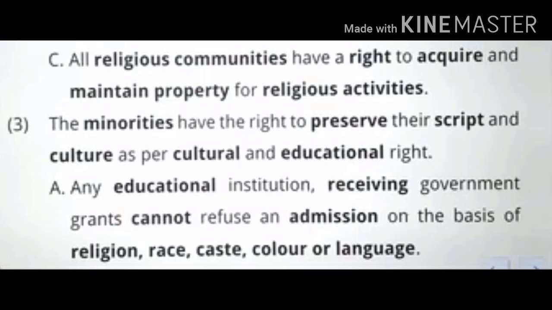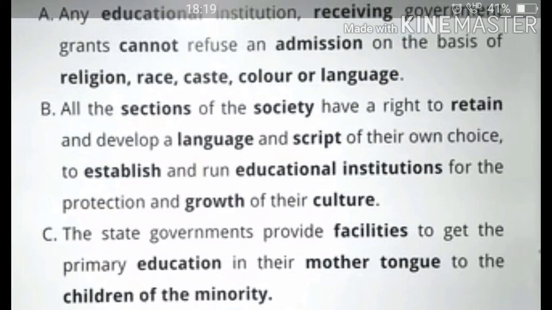All religious communities have a right to acquire and maintain property for religious activity. The minorities have the right to preserve their script and culture as per cultural and educational right. Any educational institution receiving grants from government cannot refuse admission on the basis of religion, race, caste, color or language.